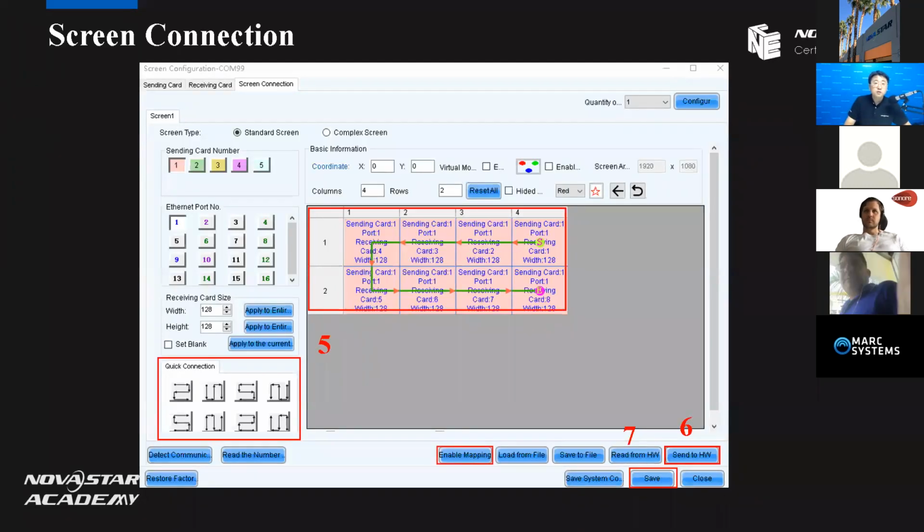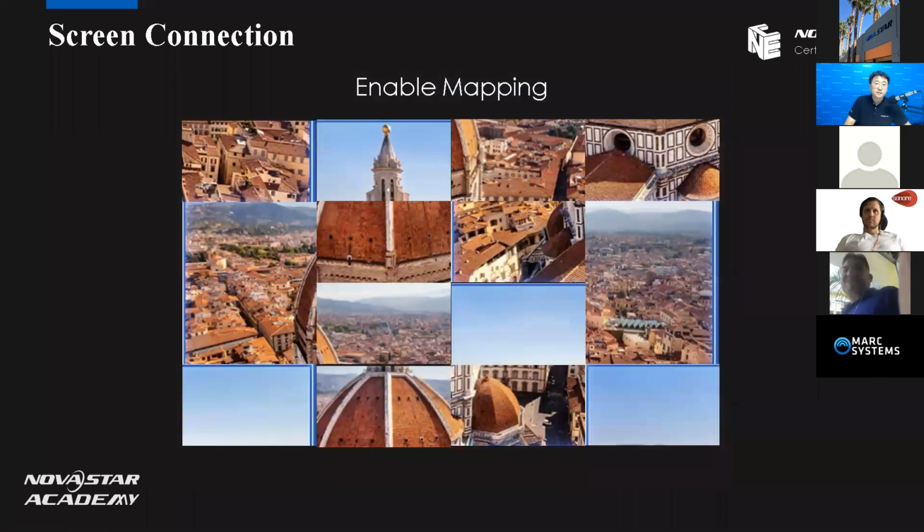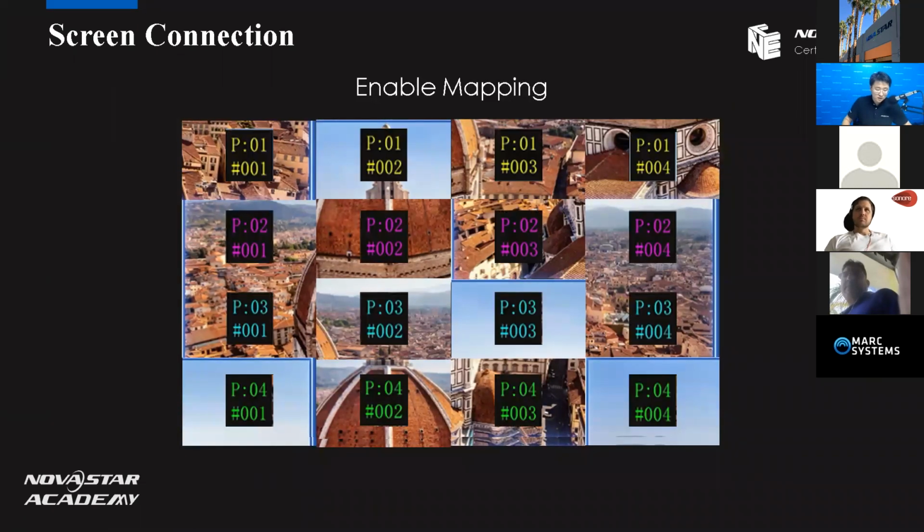And I want to tell you there is another useful function named mapping in here. It can help us to do the screen connection more easily. When the mapping function is enabled, each receiving card will display its connected Ethernet port and the location according to its actual physical connection. Like these pictures, it will show some numbers.